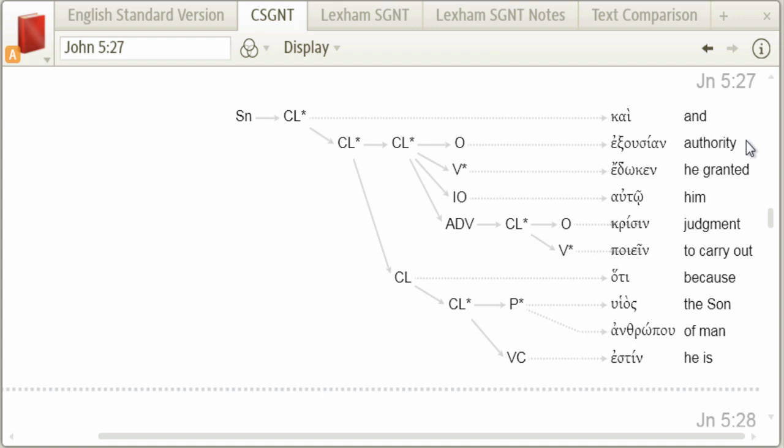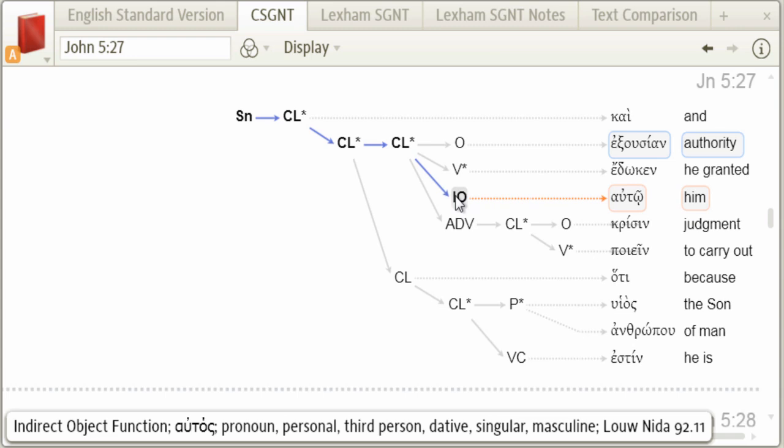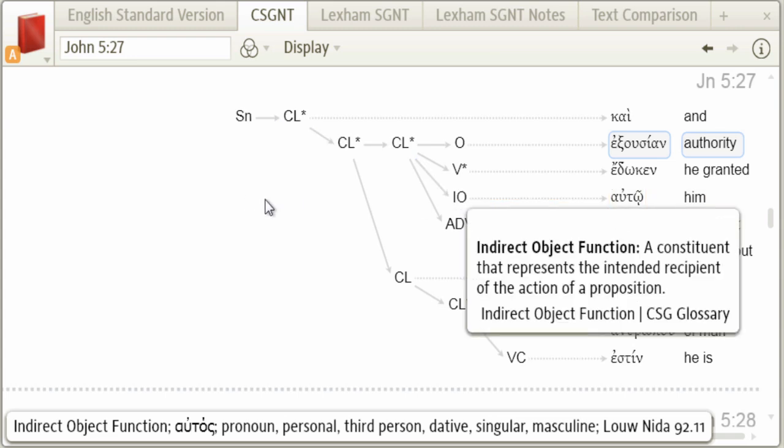Here on the right we have a literal English translation along with the manuscript line in Greek over here. And notice the annotations here. The O for object, and we have edoken, translated he granted as the verb, with auto, translated him, for the indirect object. And here if you hover over it, you get a bit more of a technical definition.